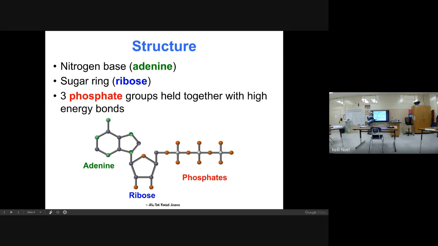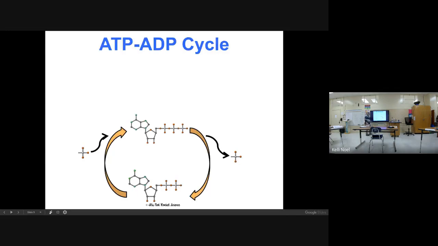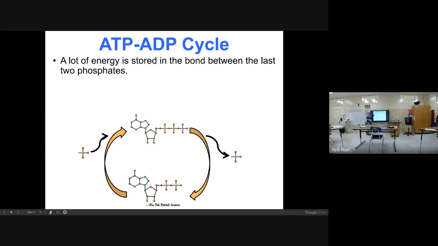All right, there is something called an ATP-ADP cycle, and this is how ATP is cycled. And so a lot of energy is going to be in the bond between the last two phosphates. So in this bond right here, there's a lot of energy. So that energy is going to be released when that bond is broken and that phosphate is removed.